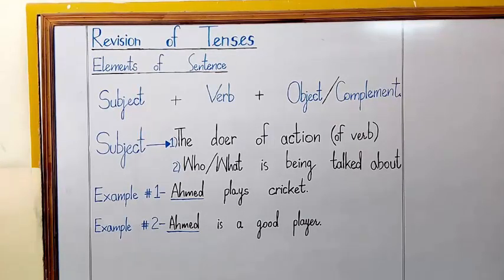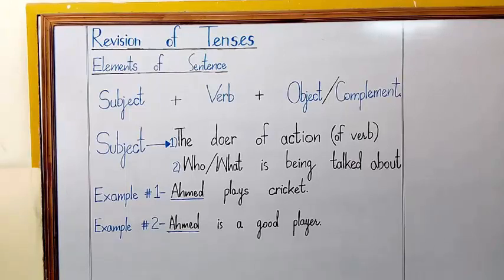Yes, you are right. Play is the action in this sentence. Now, you may tell me again who performs the action of play in this sentence. Yes, very right, Ahmed. Ahmed is the doer of play in this sentence.